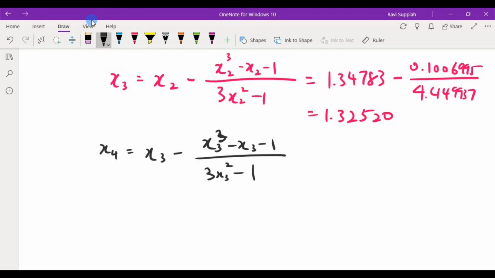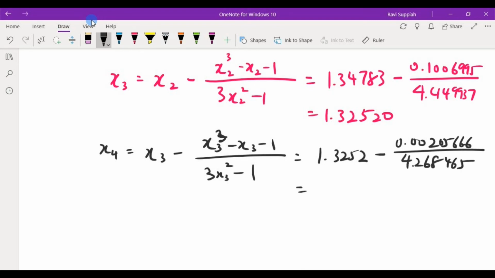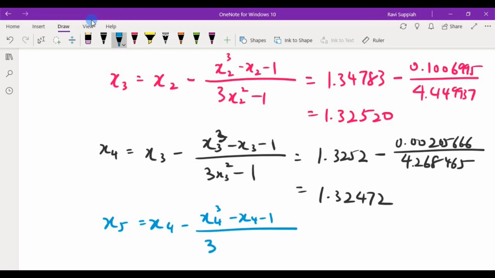That gives me 1.3252 minus 0.0020566 divided by 4.268465, which gives me 1.32472. Let's do one more. x5 will be x4 minus (x4 cubed minus x4 minus 1) divided by (3 x4 squared minus 1).